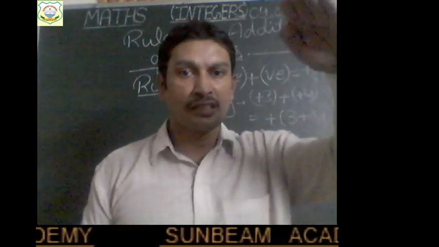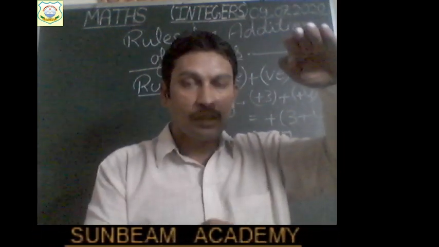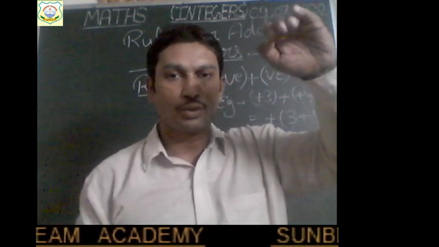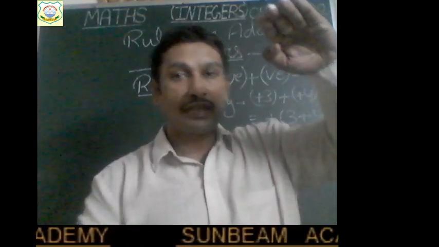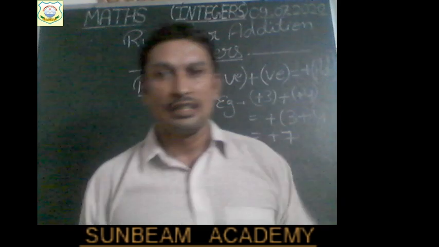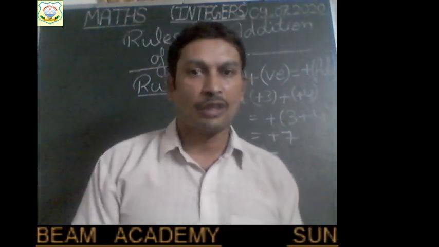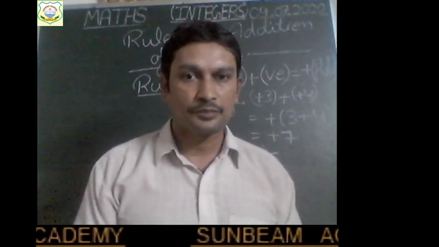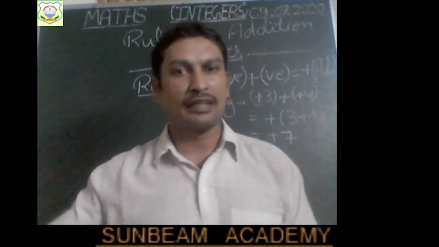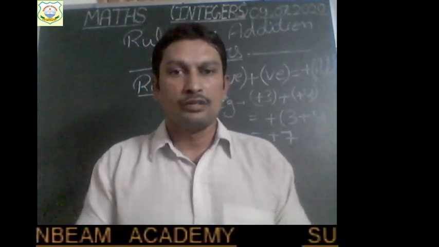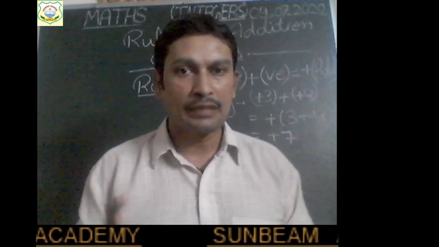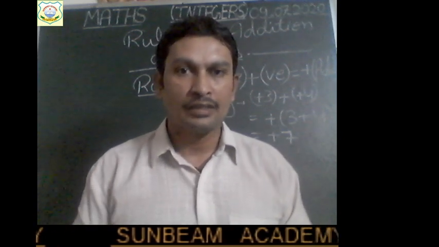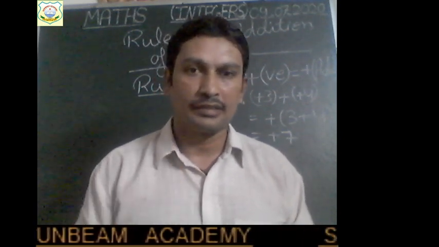It means the first integer is 2 less than 0, the second integer is 5 less than 0. So firstly 2 steps downward, then 5 steps downward. Then in total you will be 7 steps downward. Am I right? So if you are moving in the same direction, then your values will be added. But your direction is negative, so you will use a negative sign.